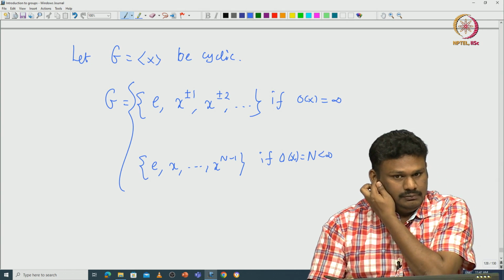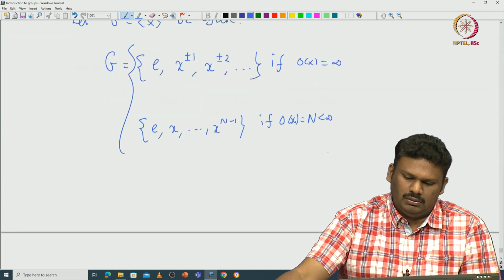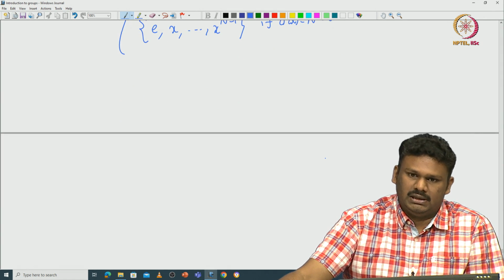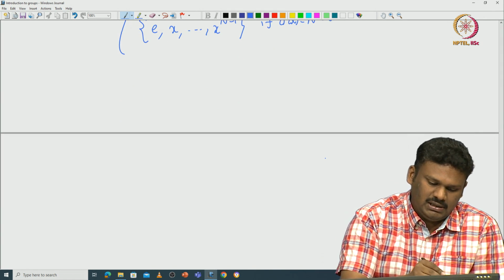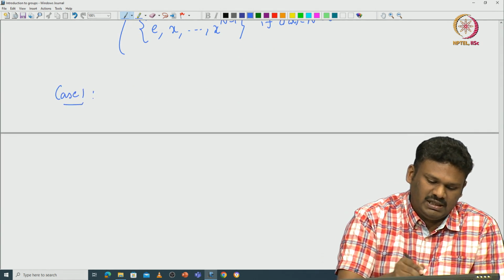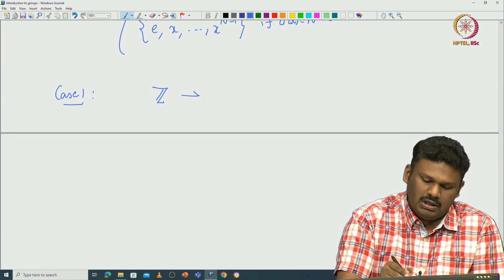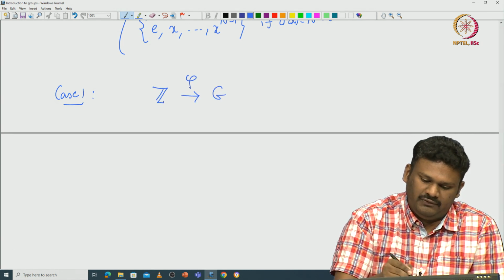Now we take these two cases and define maps. In the first case, you can define a map from Z to G, call it phi, and send n to X power n.